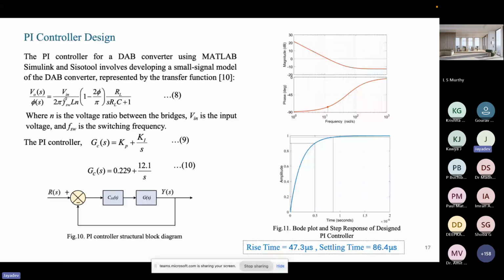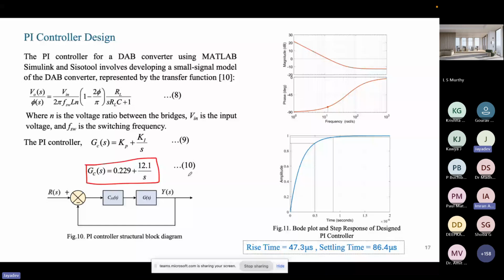With this, we got the PI value KP as 0.22. The MATLAB SISO tool I will show you in MATLAB. If you know the transfer function of a particular converter, you can design a basic classical controller in the MATLAB SISO tool only.